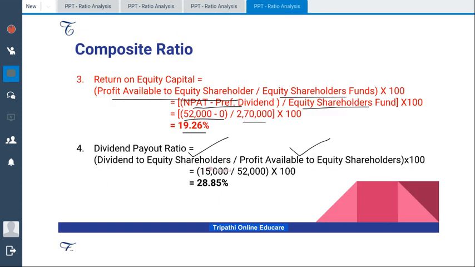So we will take 15,000 as dividend to equity shareholder upon profit available to equity shareholder, that is 52,000, into 100, that will give you 28.85%. So the dividend payout ratio of this company is 28.85%.